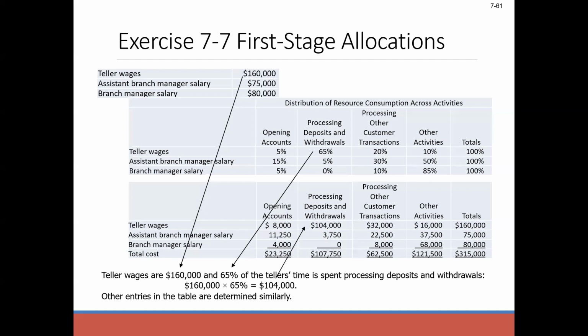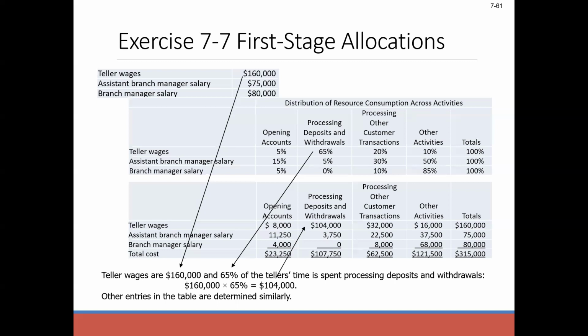So we're going to take the 160,000 times 65%, or give 104,000 to processing deposits and withdrawals. You'll see each one works that way. For processing other customer transactions, 20% of the teller's wages, 32,000, will go to that area.